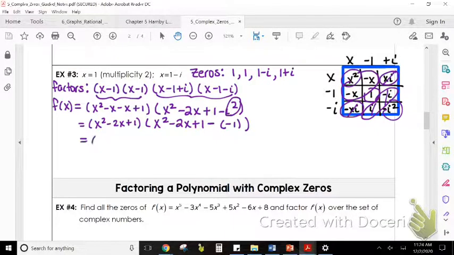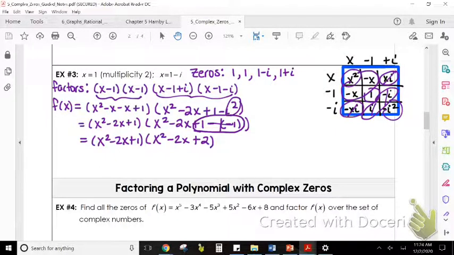And so I still need to clean up the second parenthesis a little bit. So I got x squared minus 2x plus 1 still in the first one. And then we got x squared minus 2x. And then we got 1 minus a negative 1. Remember, minus a negative is a plus. So 1 plus 1 is 2.